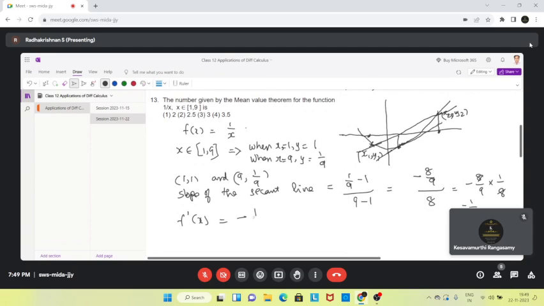Minus 1 by x squared, because f of x is 1 by x or x power minus 1. So f prime of x is equal to minus 1 by x squared. So all we have to do is equate this to the slope of the secant line, which is minus 1 by 9, and solve for x.